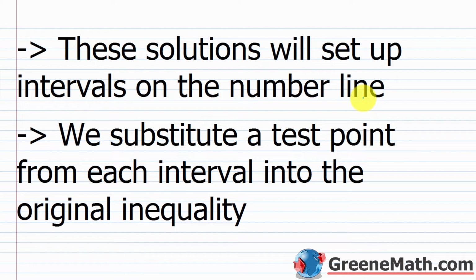Essentially, in each interval, you can grab a test point. So we substitute a test point from each interval into the original inequality. If the test point is successful, meaning it satisfies the inequality, that interval is part of the solution set. If it fails, if it produces a false result, then that interval is not part of the solution set.